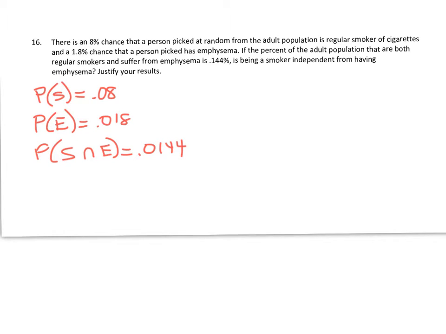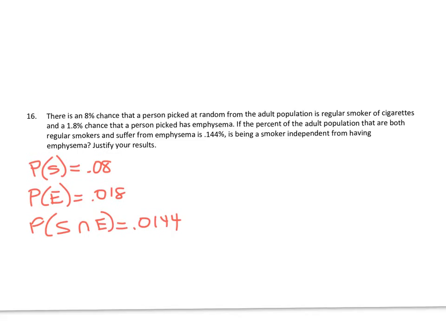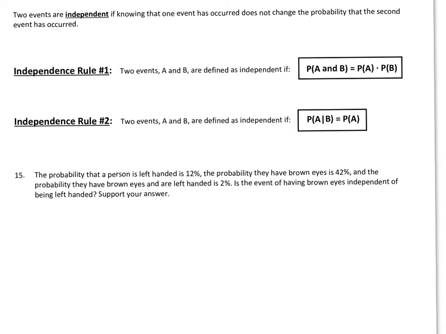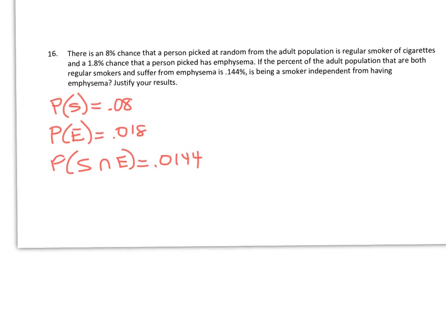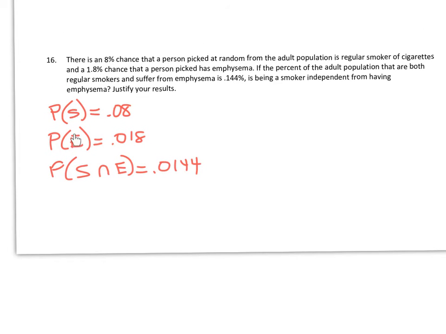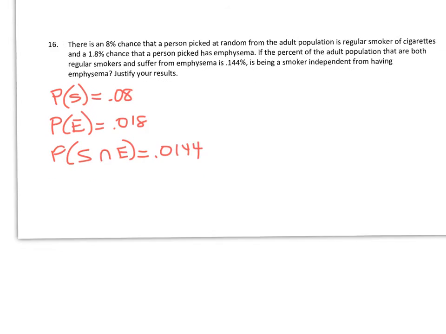All right, now let me go back up to our formulas up here. I want to point out, see how we see the and symbol right here? Because they give us the and, we're going to use this formula with the and in it. So we know that two events are independent if the probability of A and B equals the probability of A times the probability of B. I'm going to use this formula, but instead of using A and B, let's use S and E. So let's write this out.